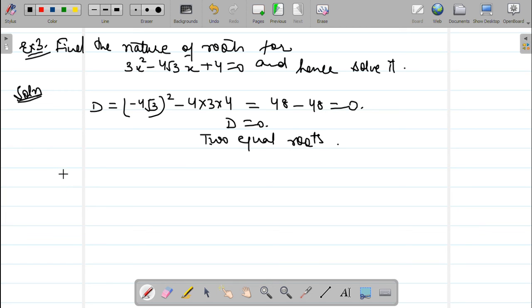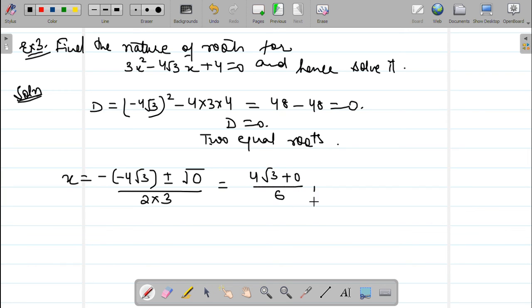Now if I solve it, x is equal to minus of minus 4 root 3, that is minus b, plus minus under root of 0 upon 2 into 3. So my two roots are 4 root 3 plus 0 upon 6 and 4 root 3 minus 0 upon 6. If I cancel it here, it's 2 by 3 root 3 and 2 by 3 root 3. That's it.